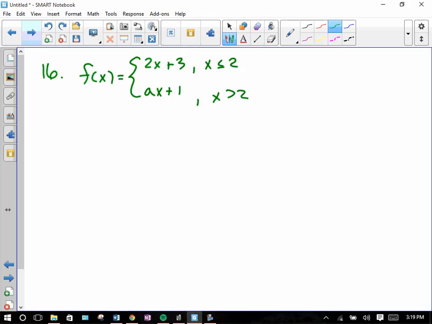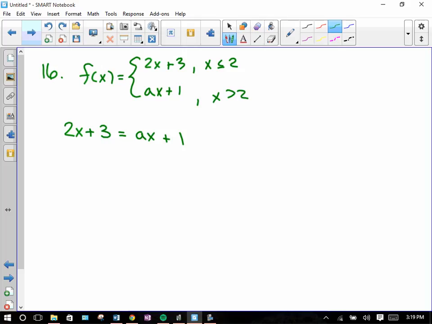Now, in order for something to be continuous, remember we need the function values to be equal, and the left hand limit and right hand limit must be equal. If the function values are equal, then the limits are going to be equal.